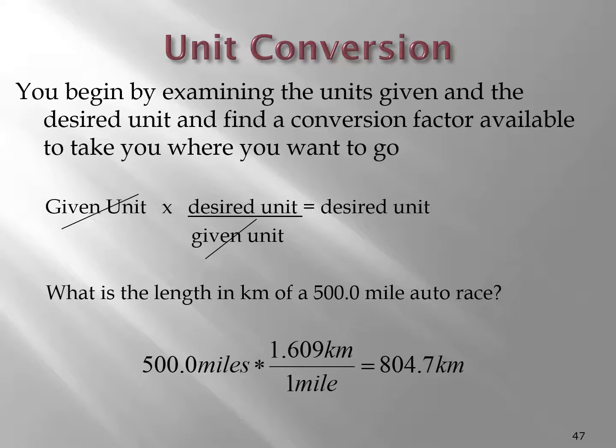That's why miles, in our conversion factor, go in the denominator, because miles will cancel. Kilometers go in the numerator, so after miles cancel, our answer will be in kilometers. So 500 times 1.609 divided by 1 gives us 804.7. The units cancel, miles cancel, and kilometers are our unit.